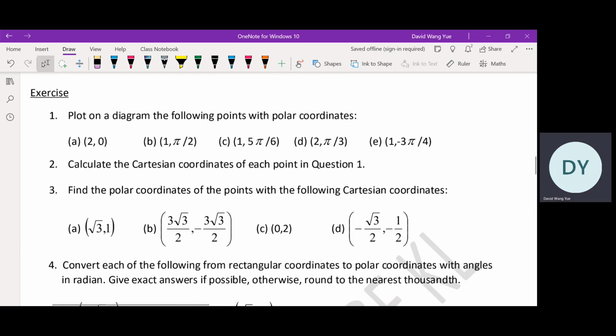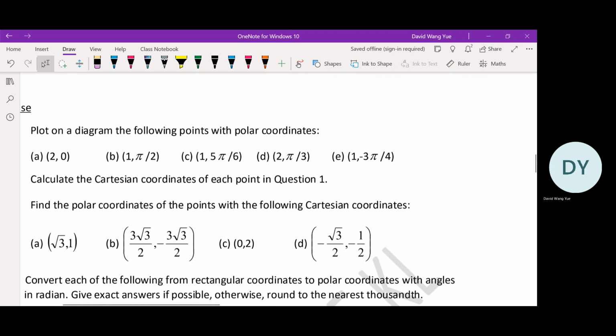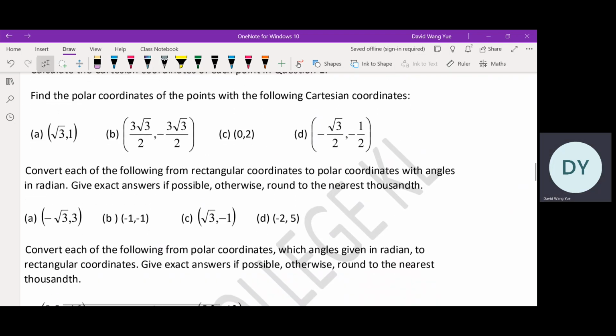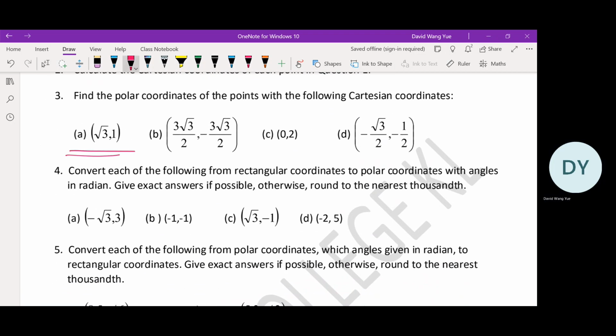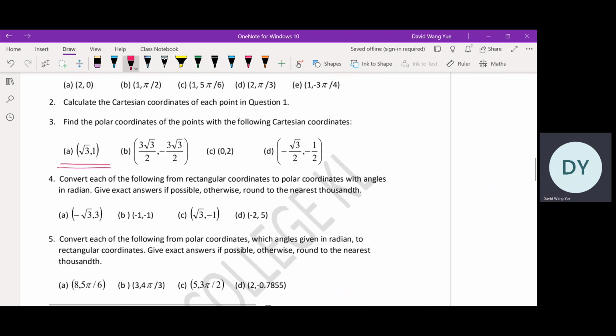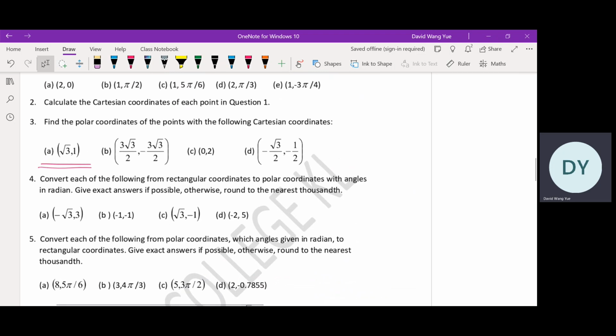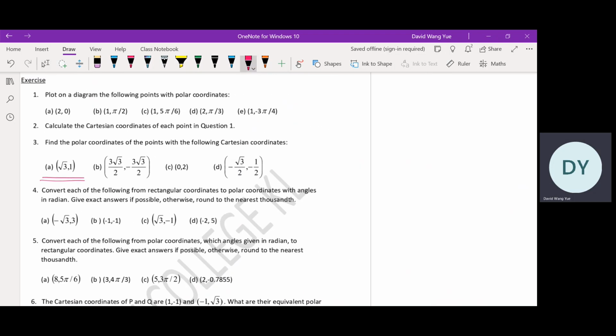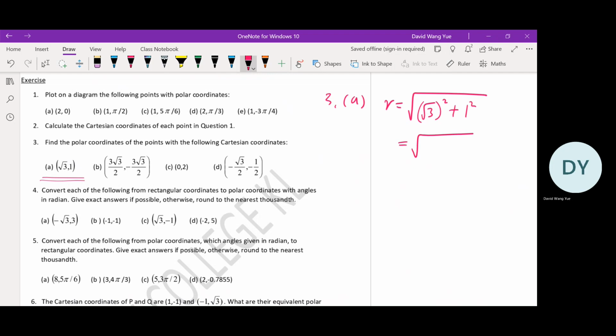Okay, if I have Cartesian coordinates √3 and 1, how do we convert to polar coordinates? So for this one, r is the square root of √3 squared plus 1 squared.